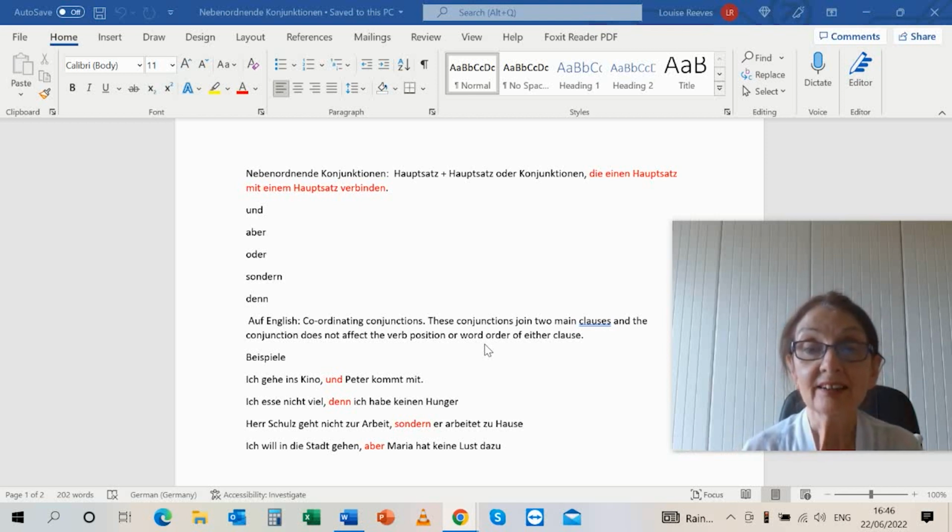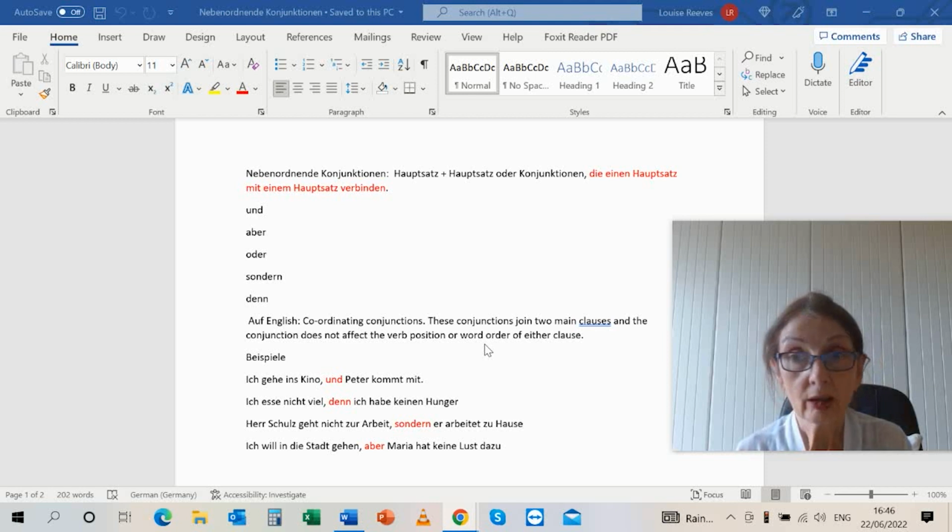Ich esse nicht viel. I don't eat a lot. Denn ich habe keinen Hunger. Ich esse nicht viel. I don't eat a lot because I'm not hungry. And then ich habe. No verb position change from English word position. So that makes it very simple.